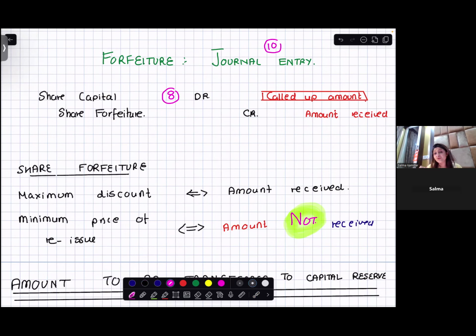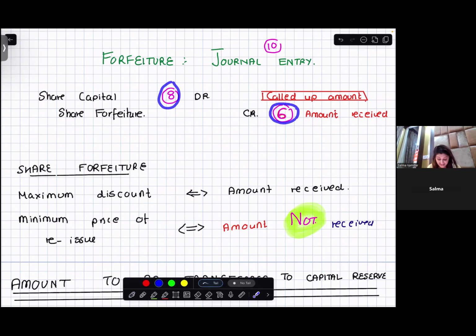Since you forfeited the shares, that means you've not received the entire called up amount, so the amount received is less. So share forfeiture will be credited by the amount received. For example, say the amount that you have received is only 6. You called up 8. You received 6.